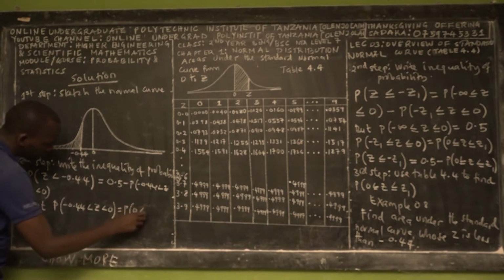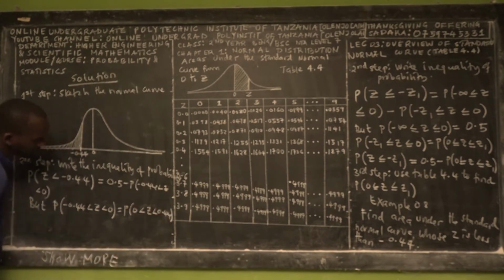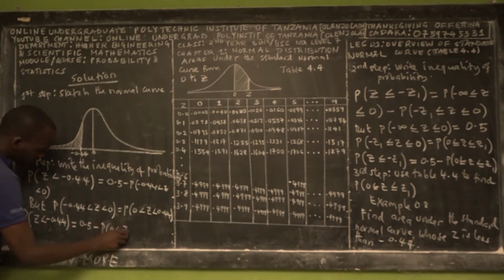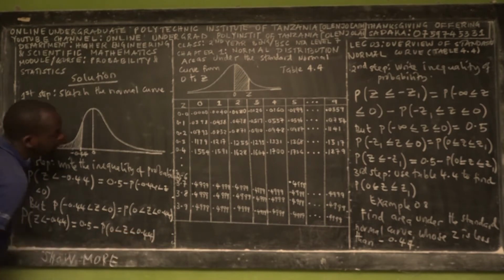Probability of 0 less than z less than 0.44. So if that's the case, the probability of z less than negative 0.44 is equal to 0.5 minus the probability of 0 less than z less than 0.44.